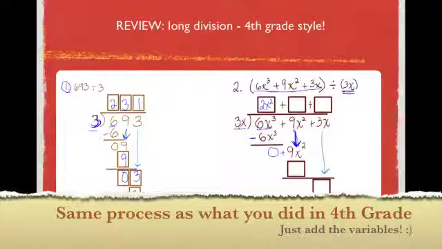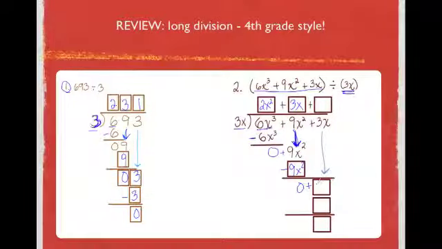So this time, what times 3x gives me 9x squared? And that would be 3x. 3 times 3 is 9. X times x is x squared. I subtract, 0. Bring down my 3x. 3x times what gives me 3x? That's 1. Multiply, subtract, my remainder is 0. So how many 3x's can you take out of the 6x cubed plus 9x squared plus 3x?